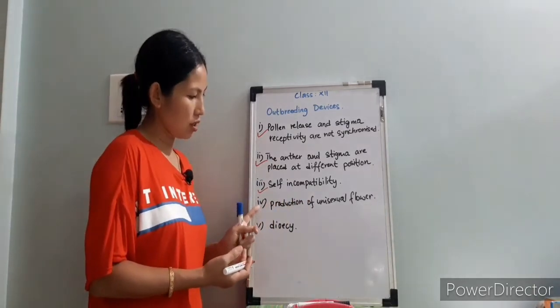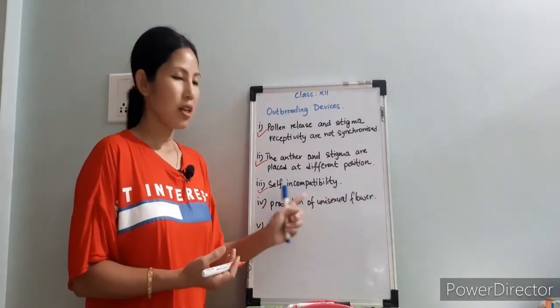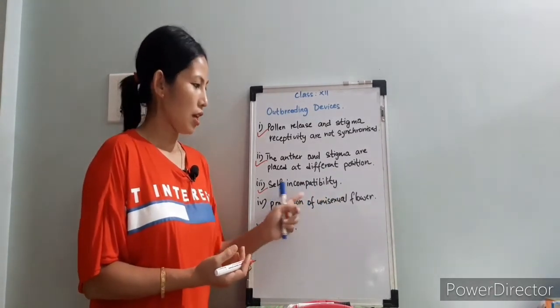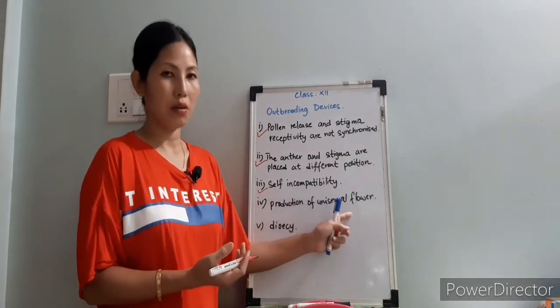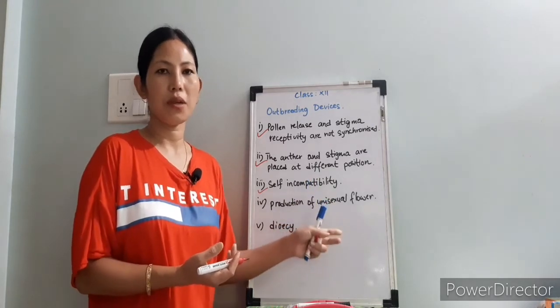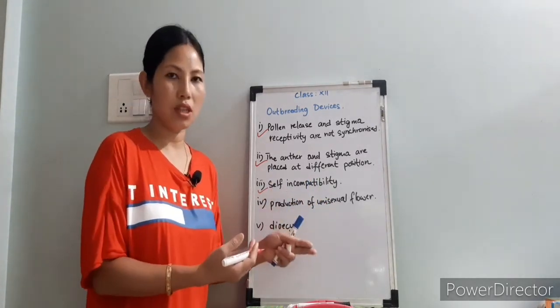Then number 4 is production of unisexual flowers. There are some plants like maize or castor. They have unisexual flowers, that is they have either the male or the female reproductive unit within the flower, but they are borne on the same plant.